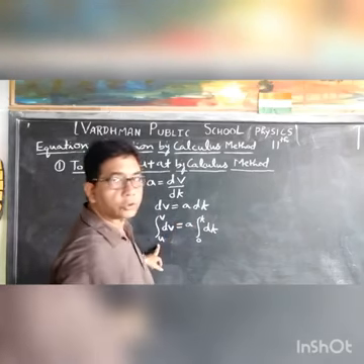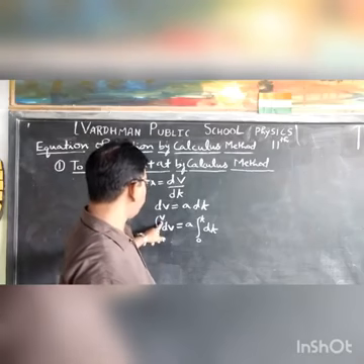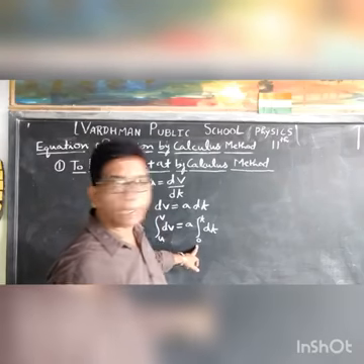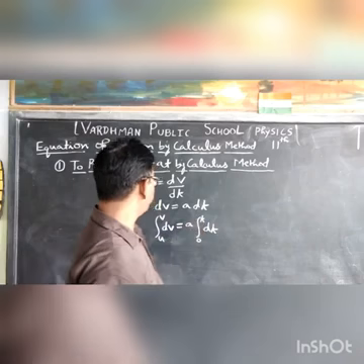Here the lower limit is u and the upper limit is v. Here the lower limit is 0 and the upper limit is t.